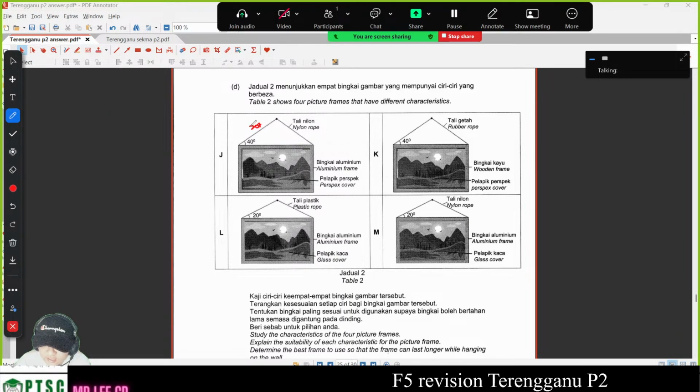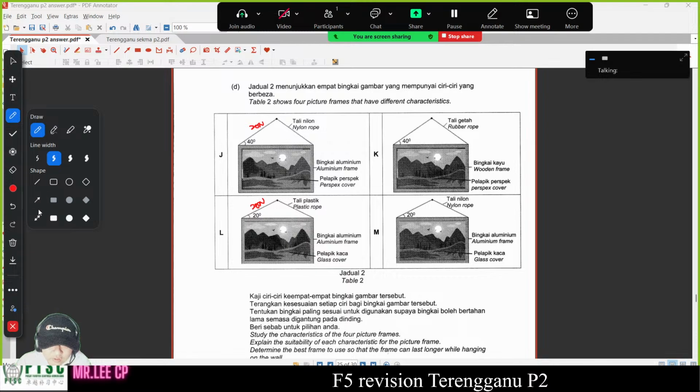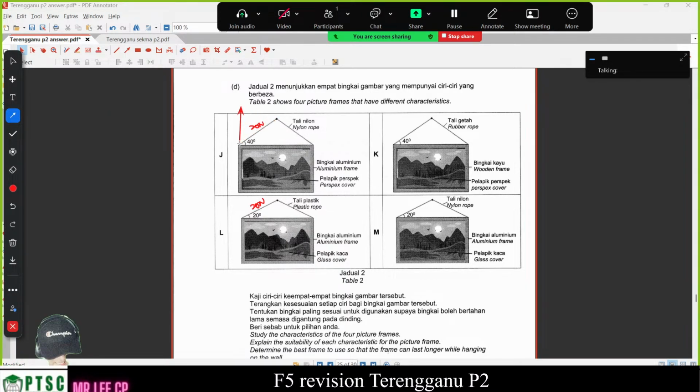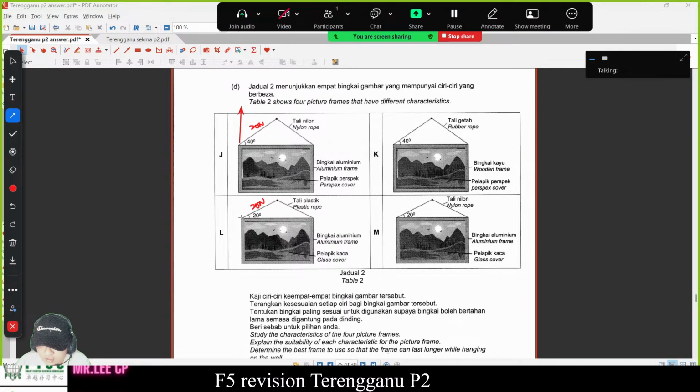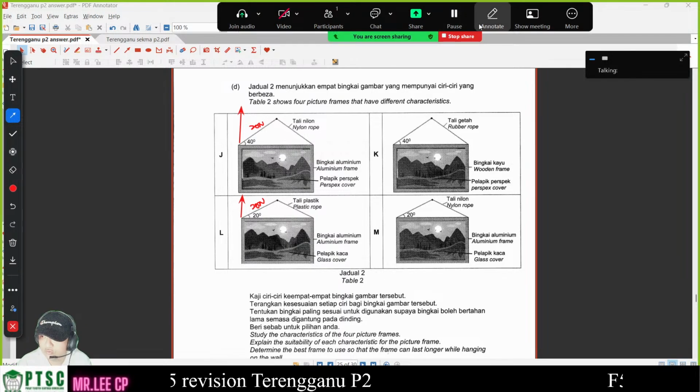Let's say this is 20 Newton. So how much is the force brought up to here? It's 20 sine 40. So this one is 20 sine 20. So how much force do we have?